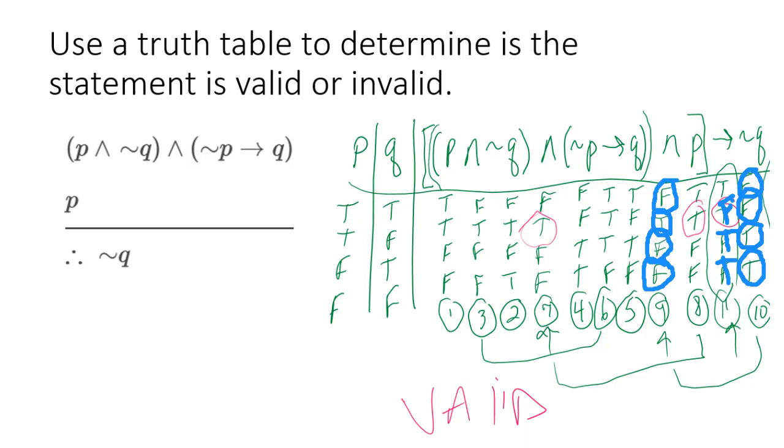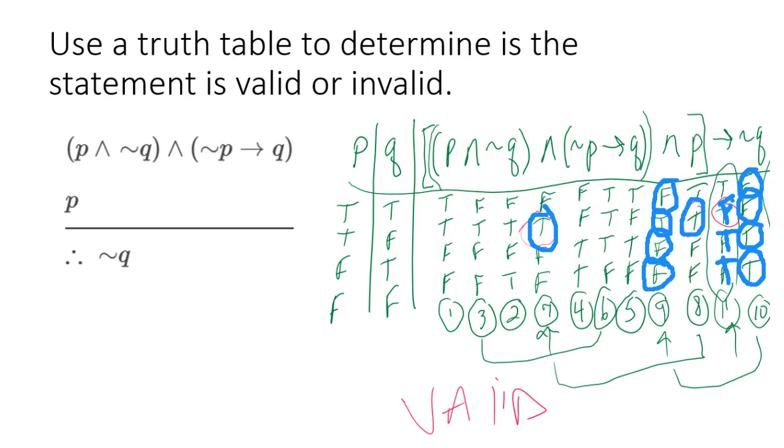Okay, whenever we're doing these to determine if it's valid or not, you have to look at when your first premise is true. That's why I circled this one here. When your second premise is true, that's why I circled this one here. Then you look at the conclusion, and if your conclusion is true, then your statement would be valid.